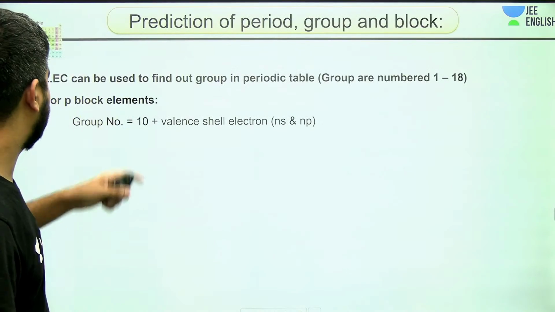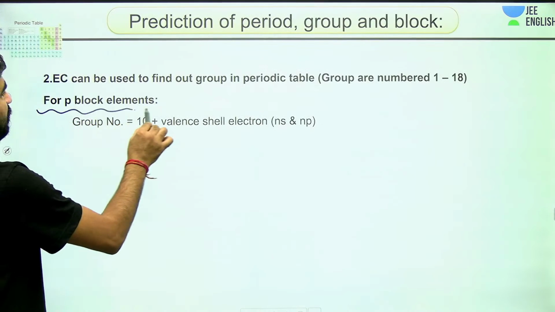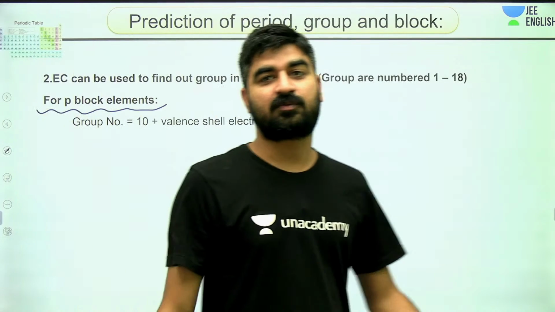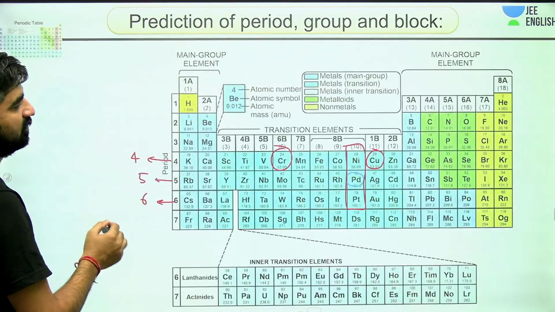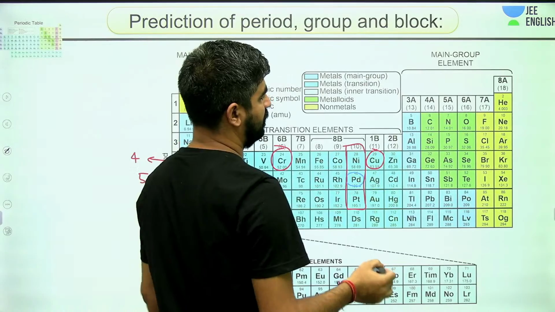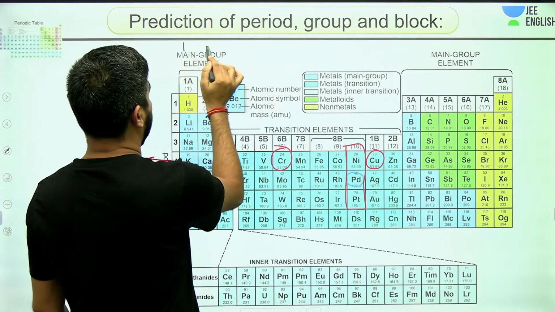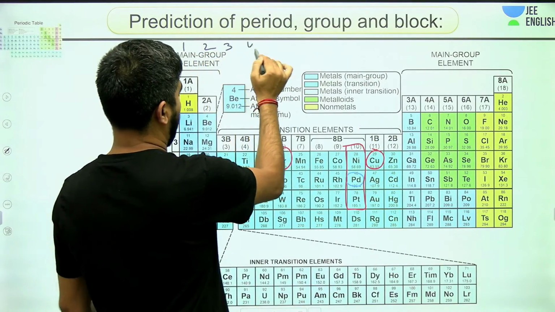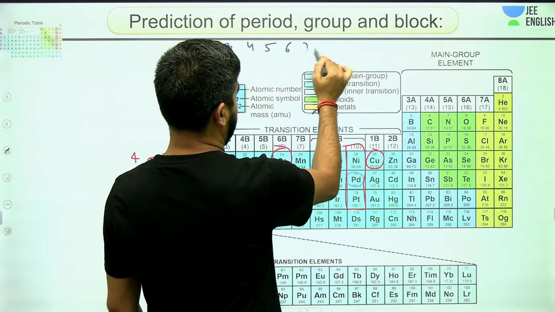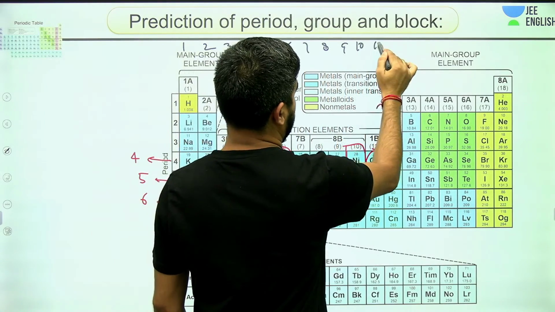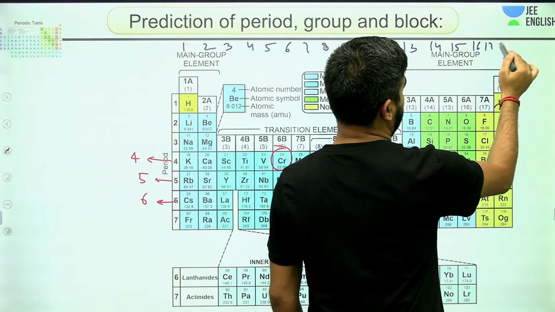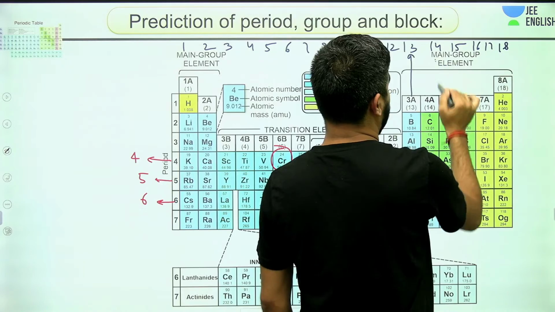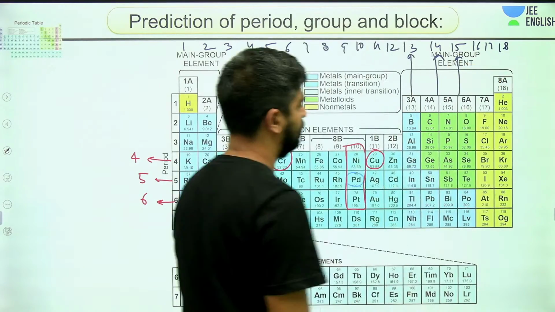Is that done now? So guys, now for next, for the p block. What is it for the p block here? So for the p block, let me show you the p blocks. Yes, these are the p blocks. So group numbers, if I'm writing 1, 2, so this is 13, this is 14, this is 15, right?